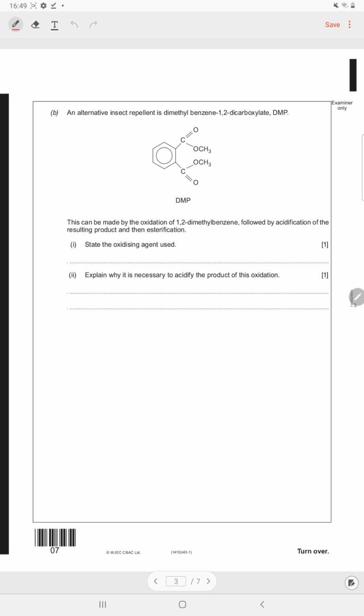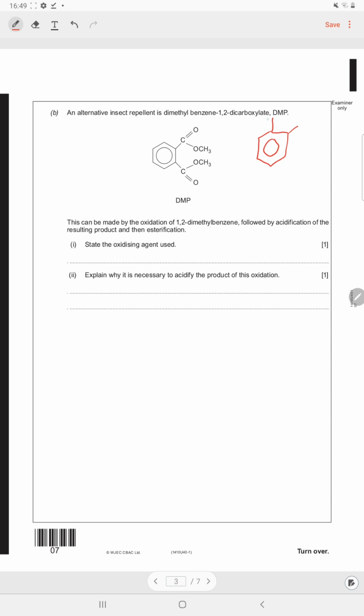Okay, and here's an alternative insect repellent, dimethylbenzene 1,2-dicarboxylate. And that's made by the oxidation of that. So state the oxidizing agent used. Okay, so what we're trying to do to create this, we are starting off with 1,2-dimethylbenzene.